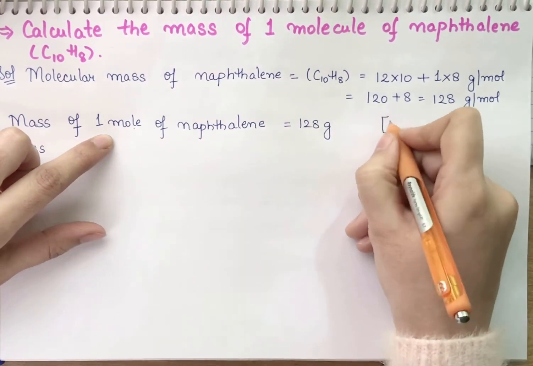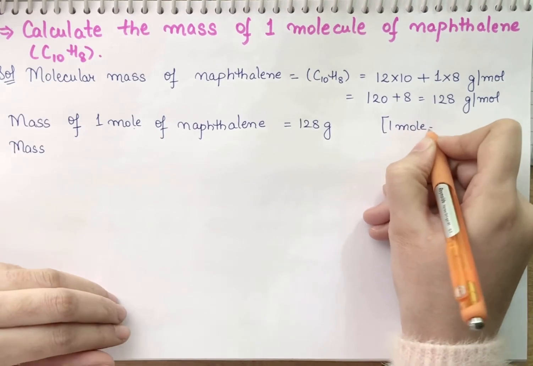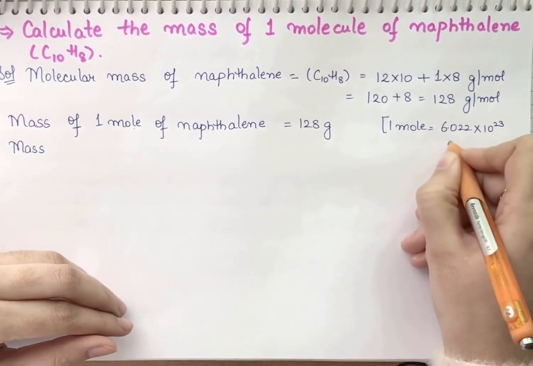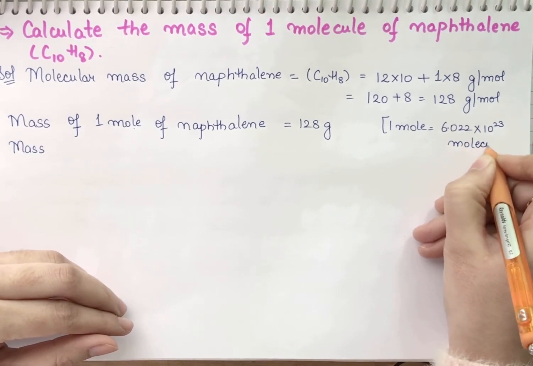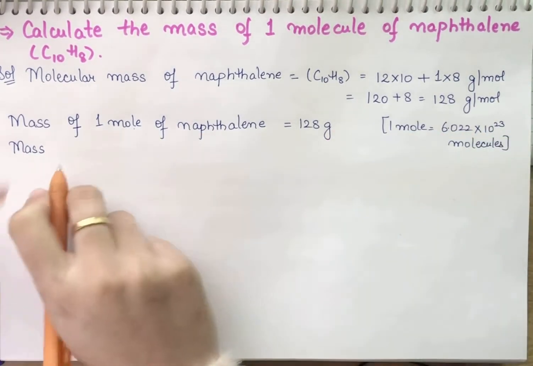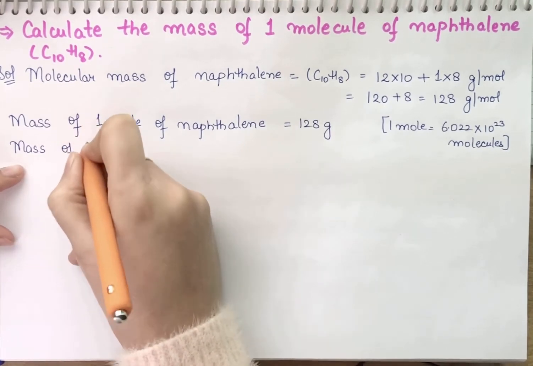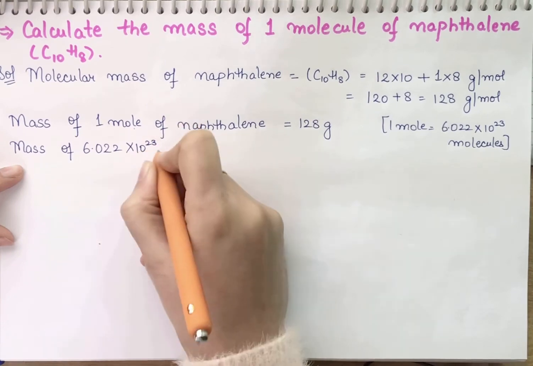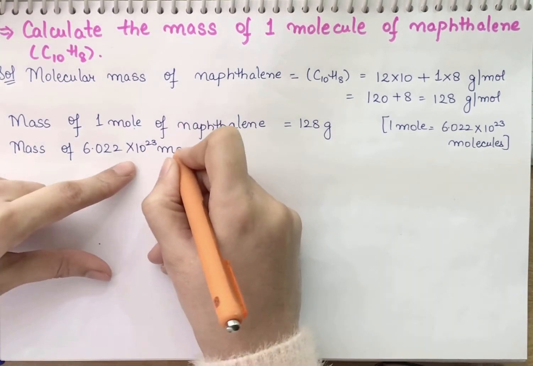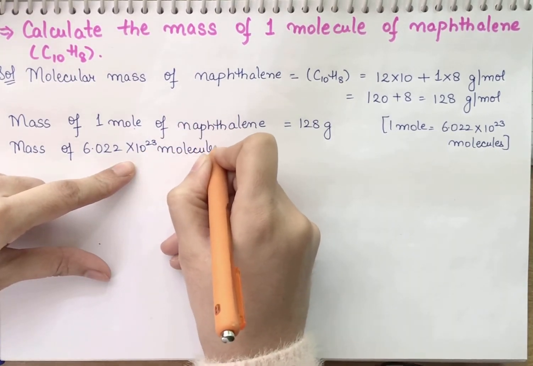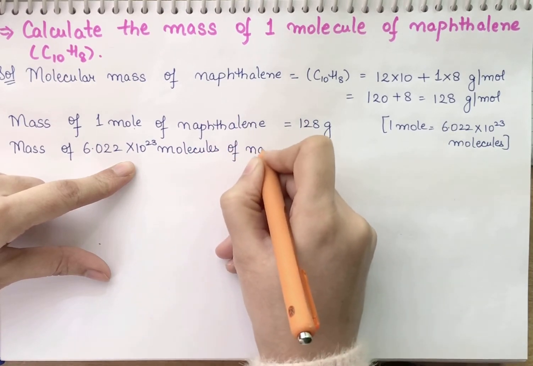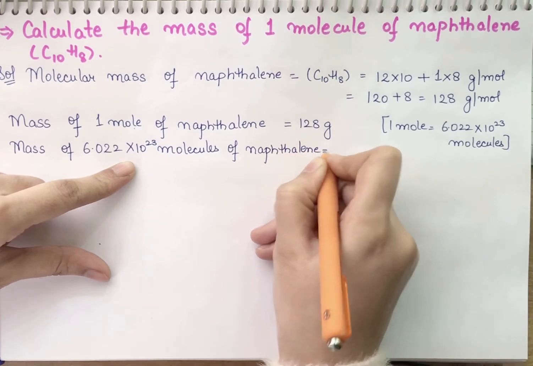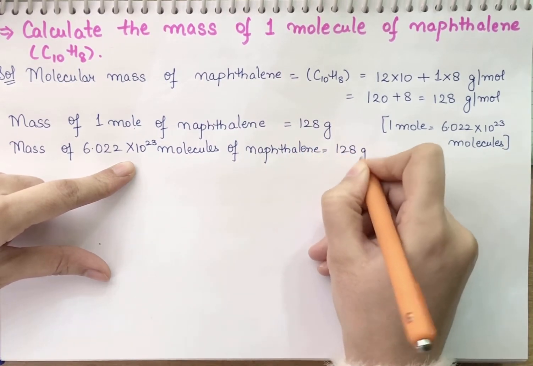So I know that 1 mole equal to 6.022 into 10 raised to power 23 molecules. So what I'll do, I'll simply put the value over here. So mass of 6.022 into 10 raised to power 23 molecules of naphthalene equal to same 128 gram per mole, right?